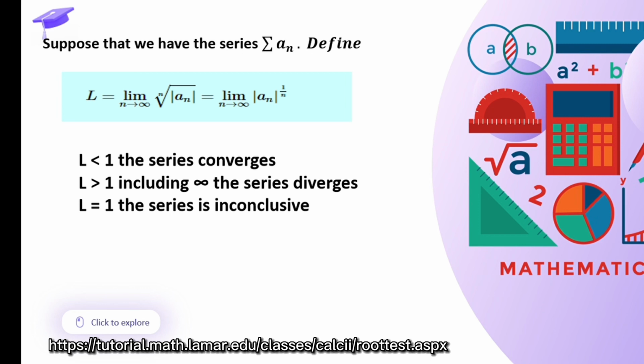Where L is less than 1, the series converges, and where L is greater than 1, including infinity, then the series diverges, and where L is equal to 1, then the series is inconclusive.